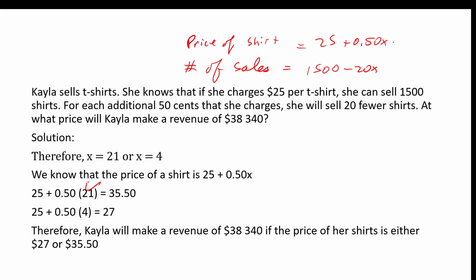If x is 21, then the price will be 25 plus 0.50 times 21, which ends up equaling 35.50. And the number of sales will be 1,500 minus 20 times 21, which would be 1,500 minus 420, which would be 1,080. And so if you make 1,080 sales and each one is $35.50, your revenue will be 38,340 as shown in the question.